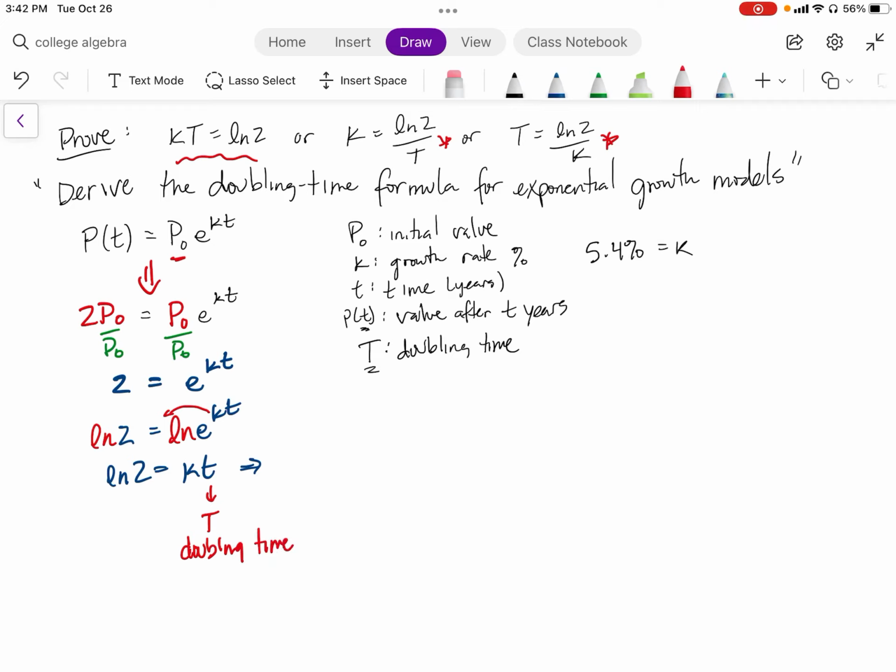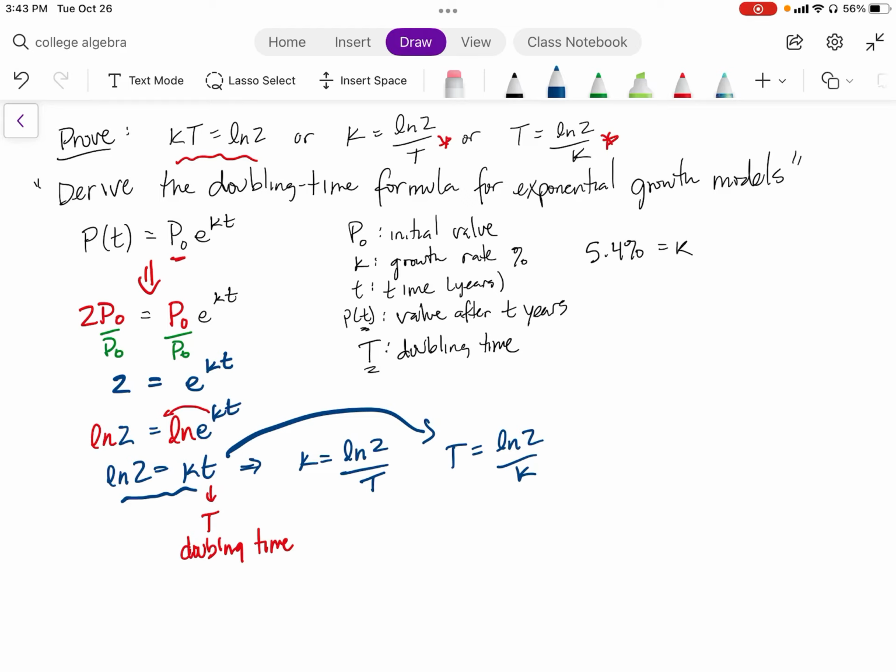Then we can divide by T and get k equals ln2 over T. Or we could have gone back to the initial and divided both sides by k to get T equals ln2 over k. So if you know the growth rate, take ln2 divided by that growth rate. If you know the doubling time, take ln2 divided by the doubling time.